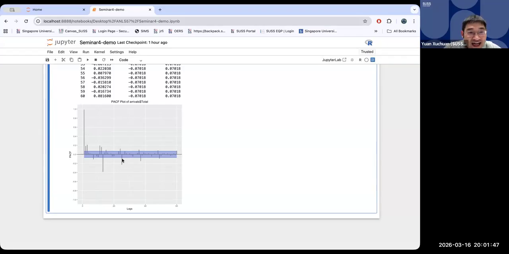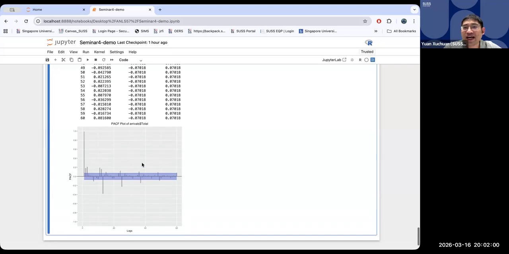And it is again at lag 24 and lag 36. So it is significantly different from zero. That means there could clearly be seasonality in this data.